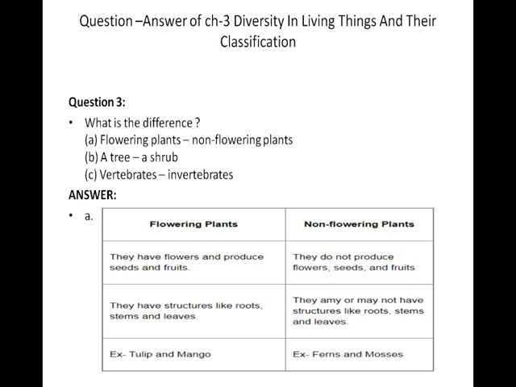Now they have structures like roots, stems and leaves. Flowering plants have structures like roots, stems and leaves, while non-flowering plants may or may not have structures like roots, stems and leaves.